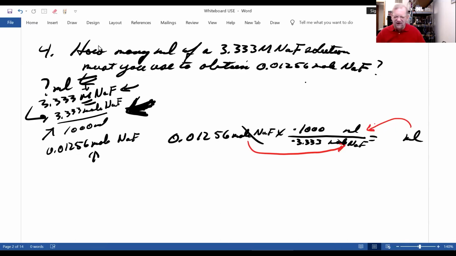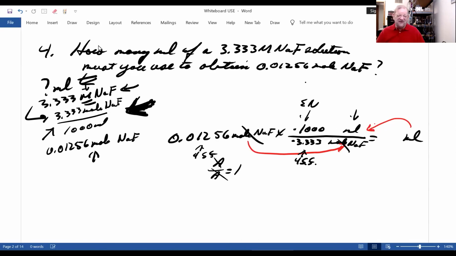Moles of sodium fluoride divided by moles of sodium fluoride cancel out because anything divided by itself becomes the number one. And I'm left with the correct units. This is an exact number. Oh, look, this is how many significant figures? 4 significant figures. How many here? Same thing, 4 significant figures.